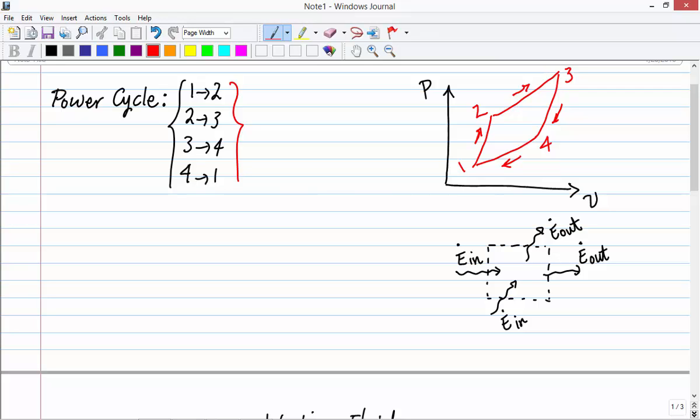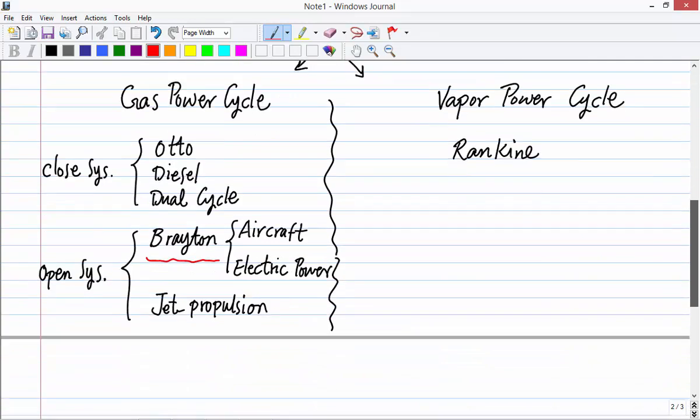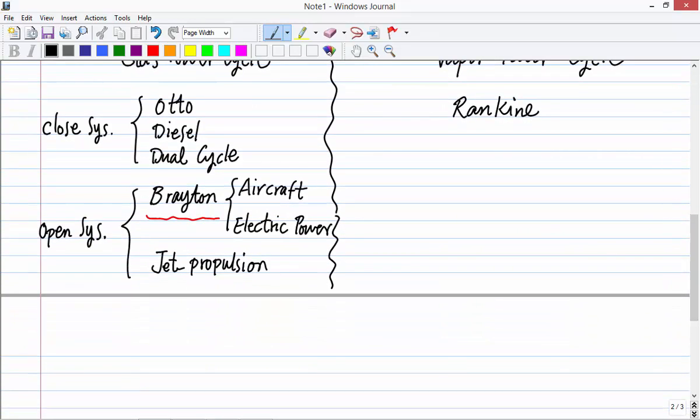That's kind of an ideal model for a cycle, and it's defined between two specified temperature limits. But anyway, we are gonna solve an example about the Brayton cycle, right?